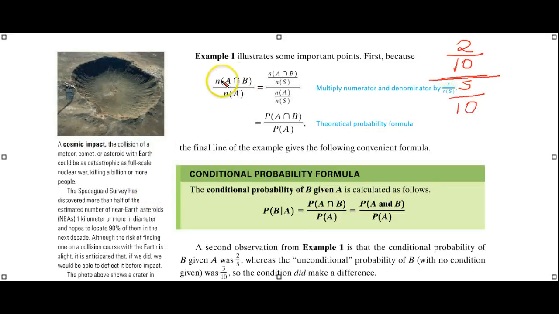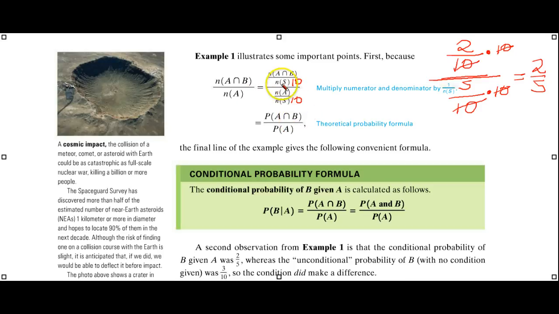So in looking at what we got on the previous slide, which was this, it actually comes from this. And notice that our sample space was 10 here. So if we multiply each part of this complex fraction, numerator and denominator, by 10, the denominators just cancel out, and we get the 2/5, which is what our answer was.